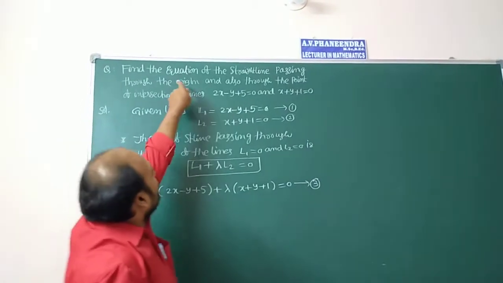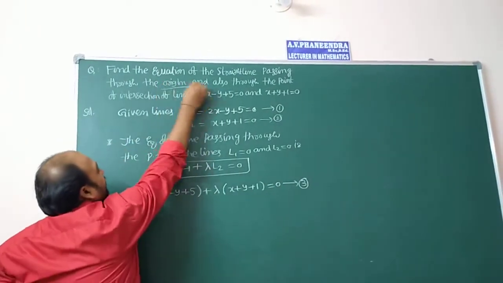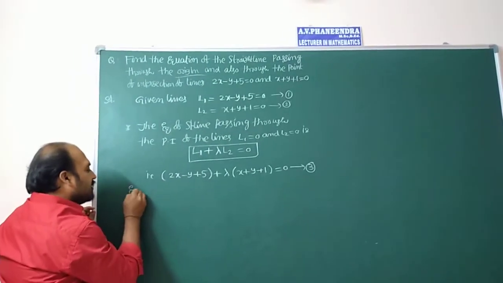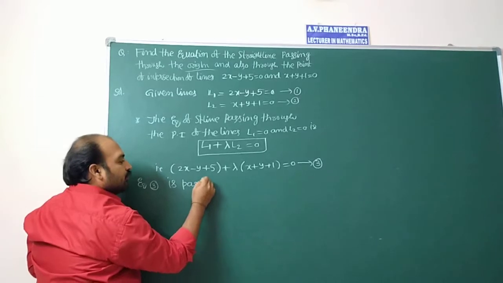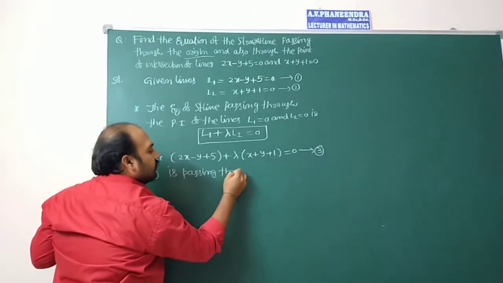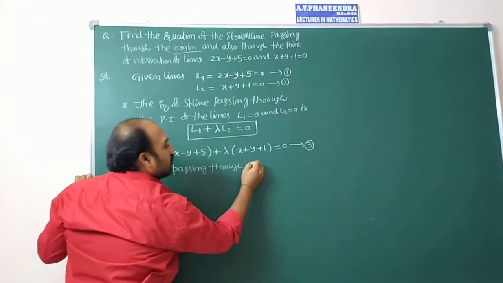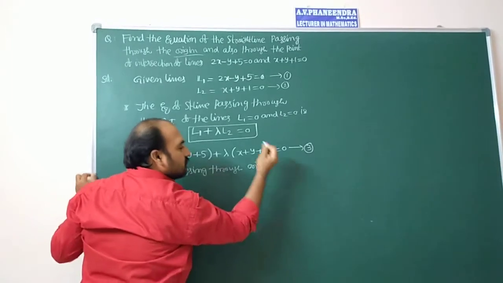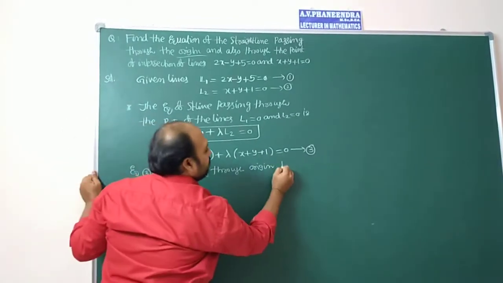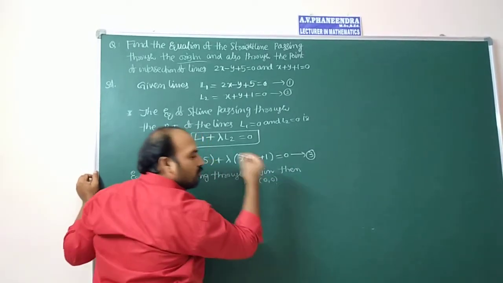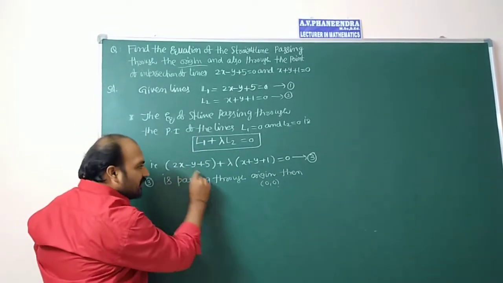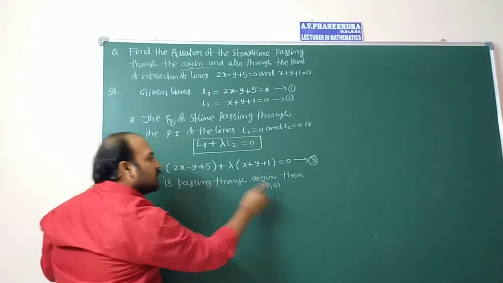This equation is passing through the origin. Origin means 0 comma 0. Wherever x comma y is there, we replace with 0 comma 0.